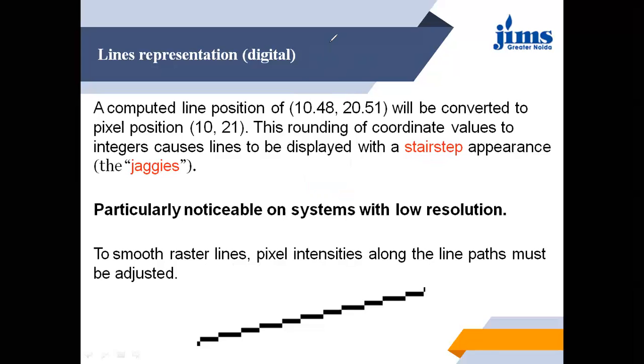When we have to display a line in digital, we have to approximate the pixel values. And how can we approximate these pixel values? There are different algorithms for that. In line, we will study two algorithms.